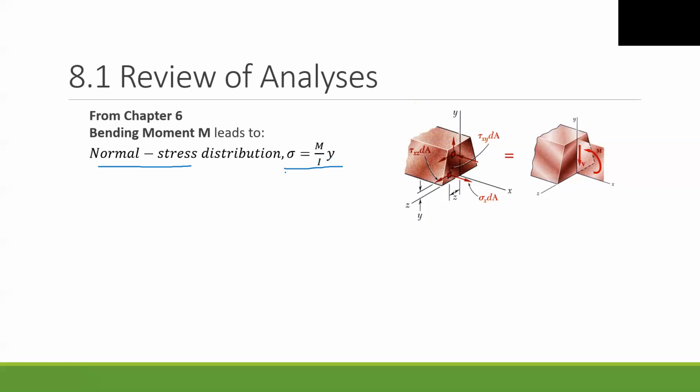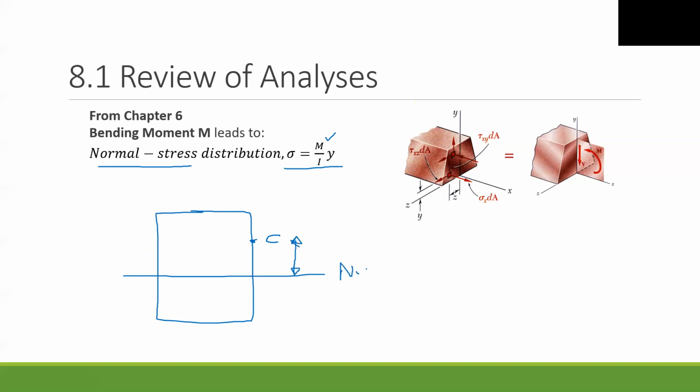What is the definition of these terms? M is the moment, I is the moment of inertia, which I explained on the previous slide. Y is, for example, if I look at point C, the distance between the point and the neutral axis.